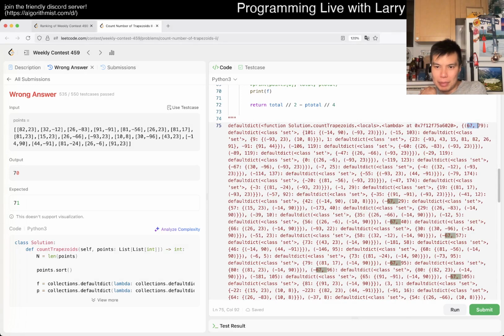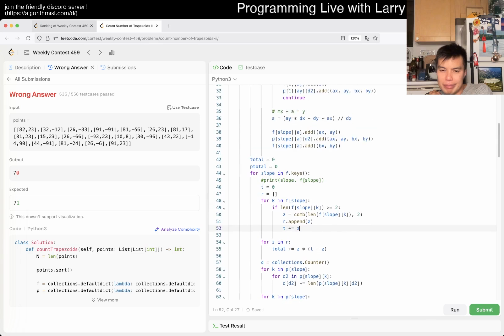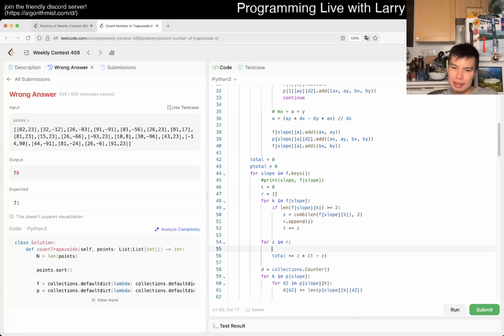This is the slope. Alright, well, it's 2 choose 2. Okay. I don't know. Print Z, T minus Z. I don't even know anymore.